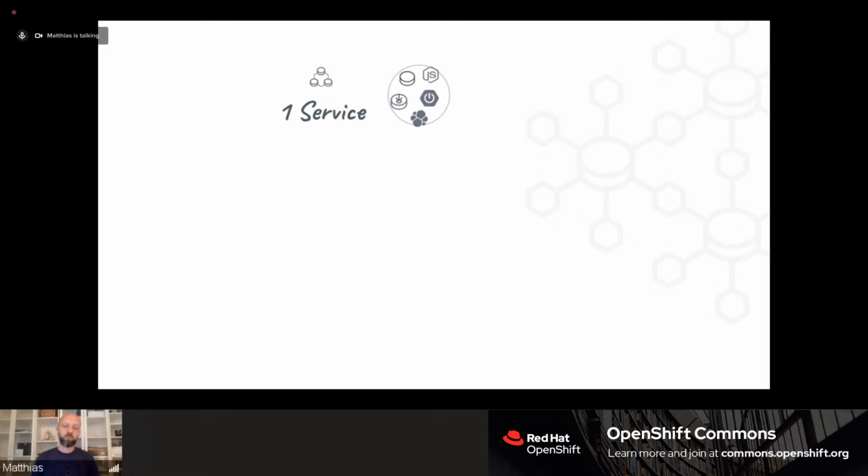Services are what the user, or the internal user, or a dependency within the microservice landscape needs to provide. It is a logical abstraction that we're looking at.